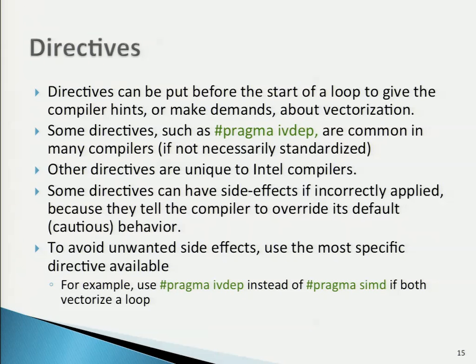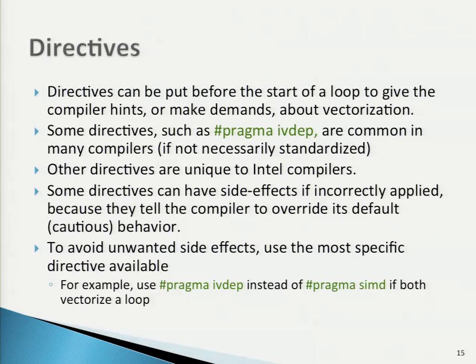Some of the directives that I'll go through here are unique to the Intel compilers, so they're not available in other compilers. And some of the directives are more standardized across all or most of the compilers. And as we'll see, some directives are stronger than others. For some directives, the compiler will still look at what you've told it and then say, no, I'm still not going to vectorize.